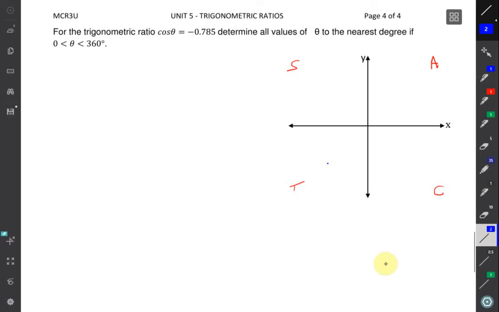So we need to draw my terminal arm in this quadrant, and I wouldn't worry so much about the actual size of the triangle, just getting it in the right location. And I need, ideally, the same size triangle in the other quadrant.